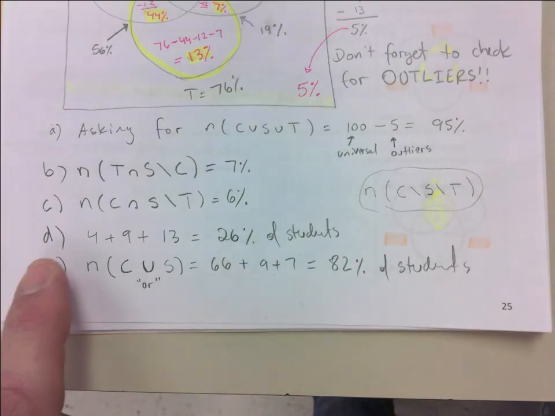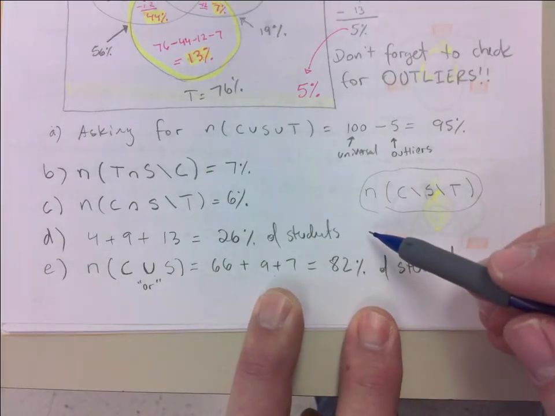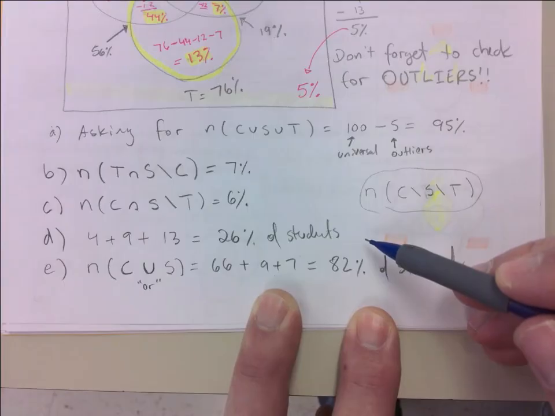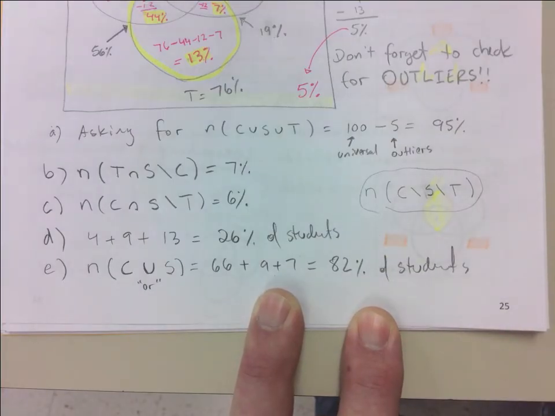I would like to add something to D, and then I'll leave you alone. You did very well today, guys. D could also be written as follows: only used one service.